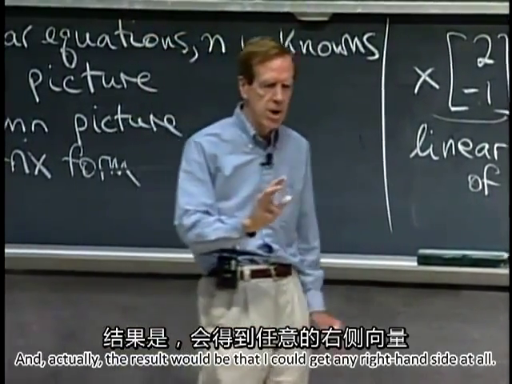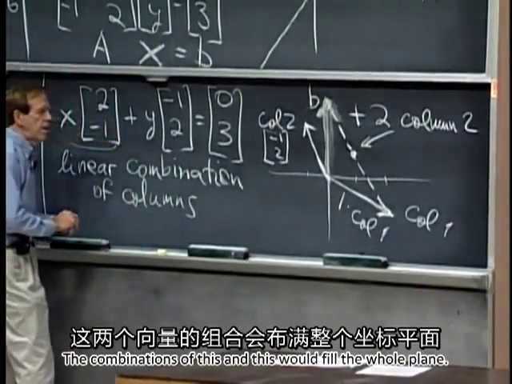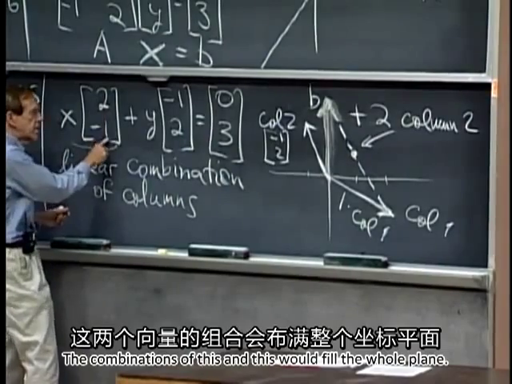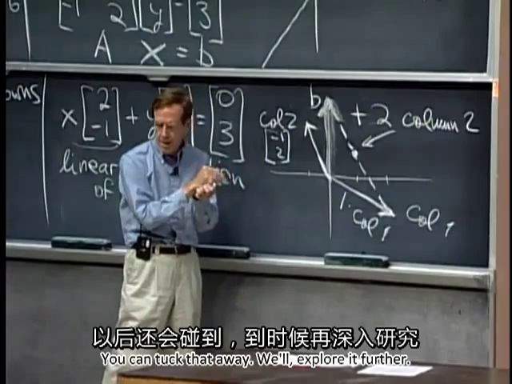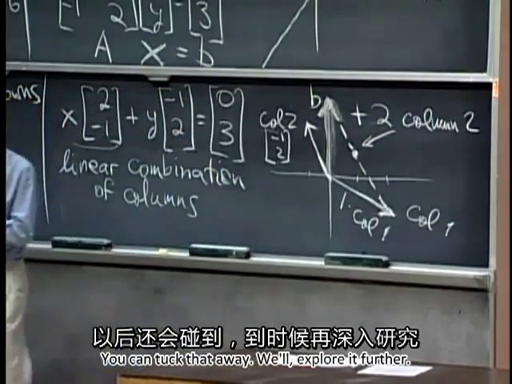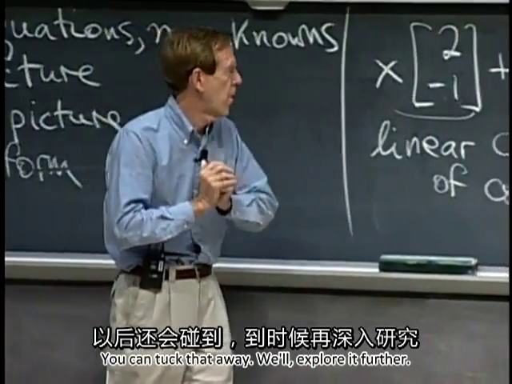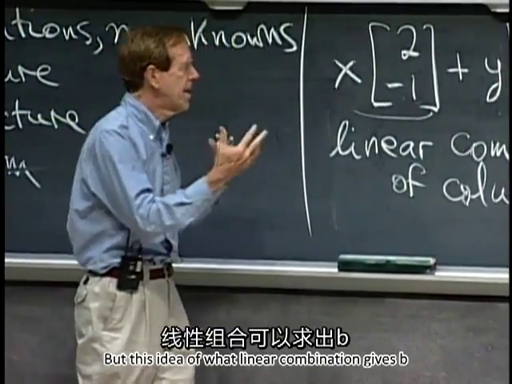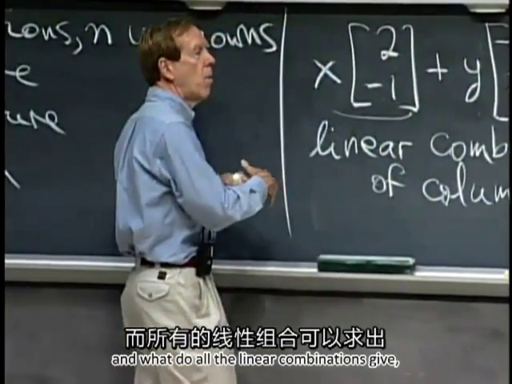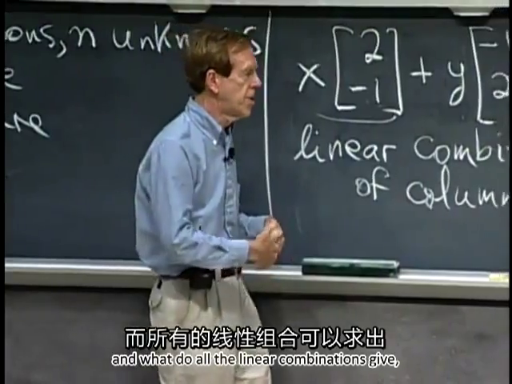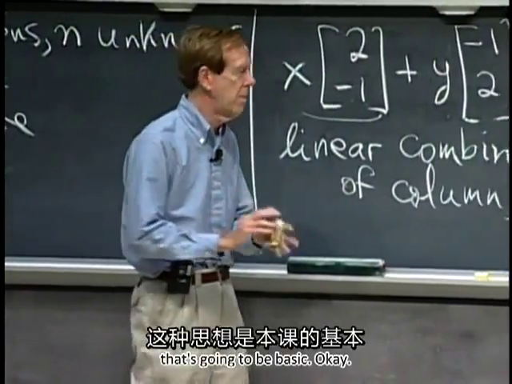Actually, the result would be that I could get any right-hand side at all. The combinations of this and this would fill the whole plane. You can tuck that away. We'll explore it further. But this idea of what linear combination gives B, and what do all the linear combinations give, what are all the possible achievable right-hand sides, that's going to be basic.